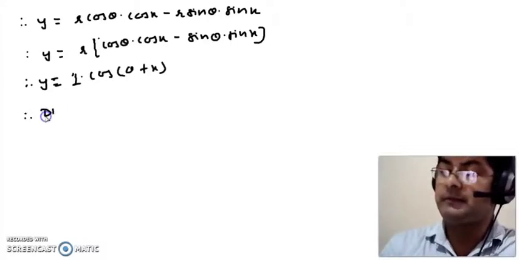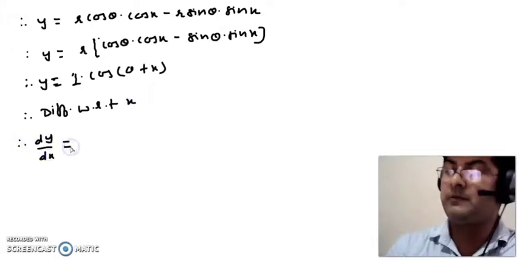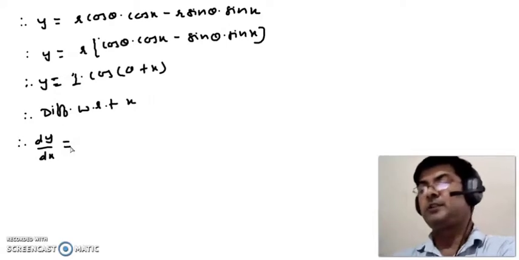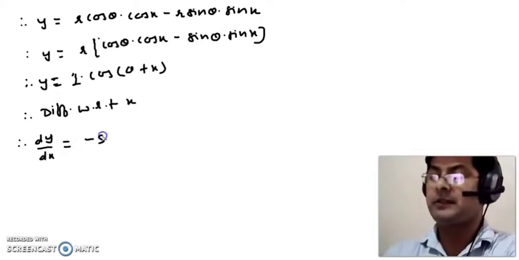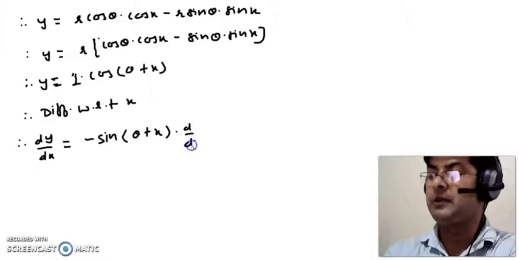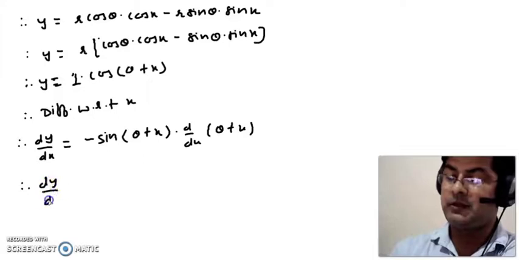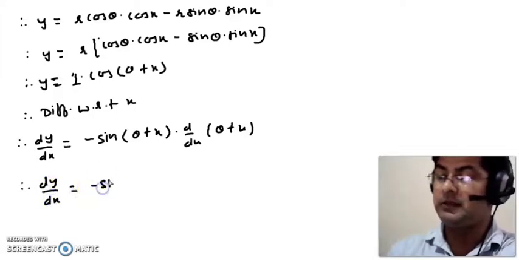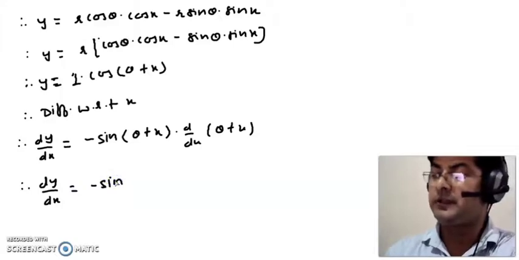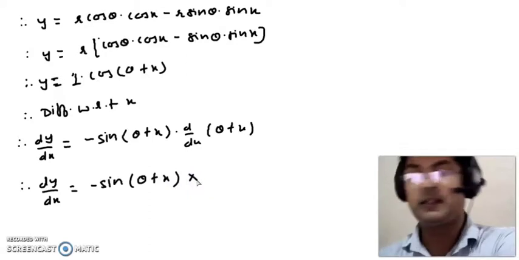Now differentiating with respect to x, and therefore dy by dx is equal to, differentiation of cos will be minus sin theta plus x into d by dx of theta plus x.